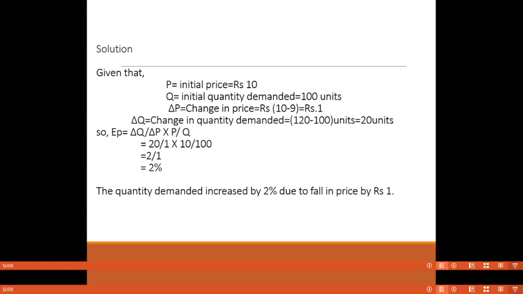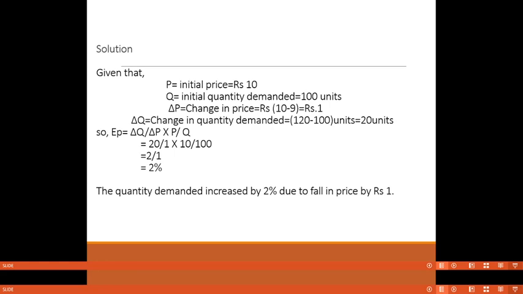We can find this by subtracting the current price from the earlier price. This is rupees 10 minus 9, which is rupees 1, and delta Q is the change in quantity demanded. We can find this also by subtracting the earlier quantity from the current quantity, that is 120 minus 100, which is 20 units. Now we have the values.